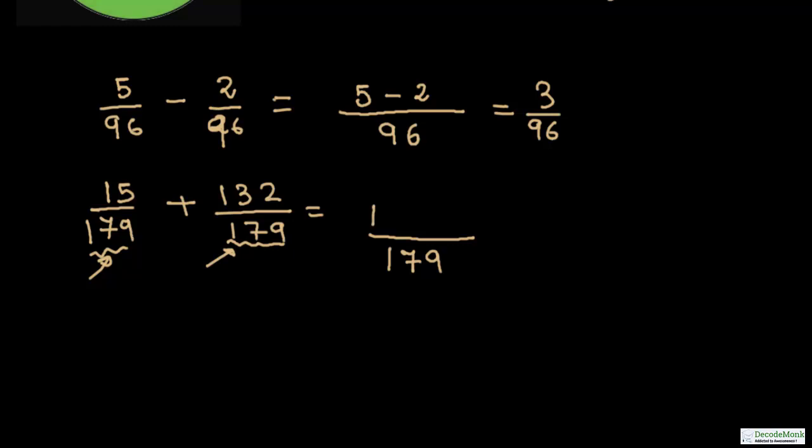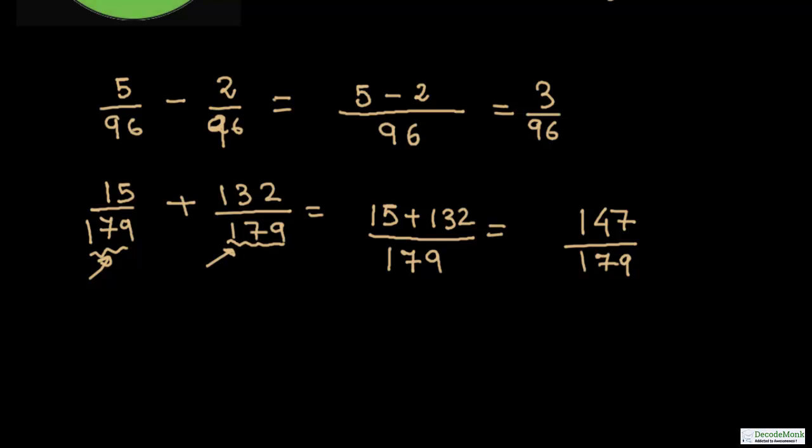So here we will add the numerators, 15 plus 132. So this will be equal to 5 plus 2 is 7, 1 plus 3 is 4, and 1, so 147 upon 179. Such operations can be done even if you are given more than two such fractions.